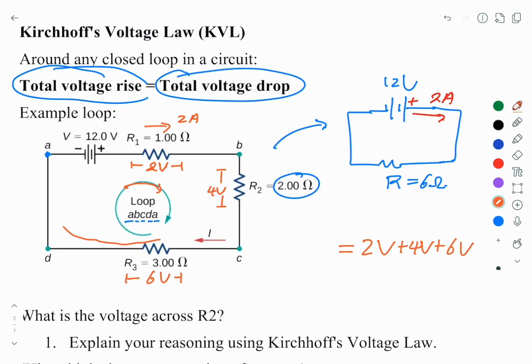When the analyzing path passes through the battery, the voltage increases. So the voltage rise is 12 volt. So that is what the Kirchhoff voltage law says. Now, when we apply the Kirchhoff voltage law in a more complicated circuit, there's a very slightly different rule, which we'll go into a little bit later.